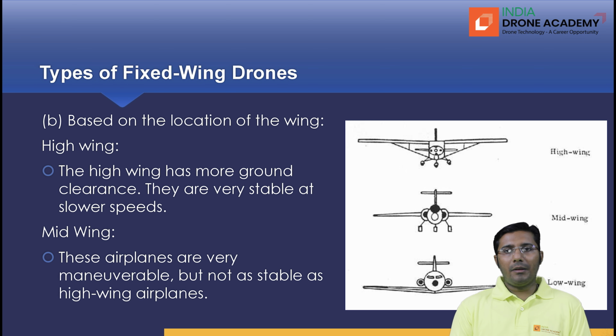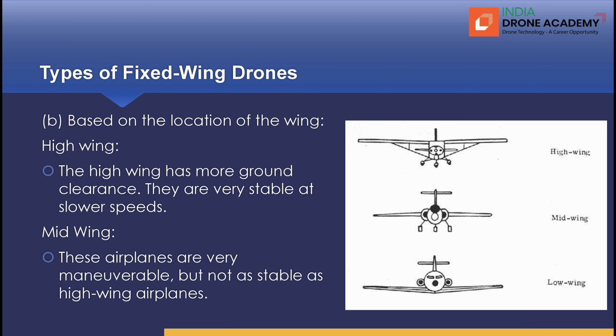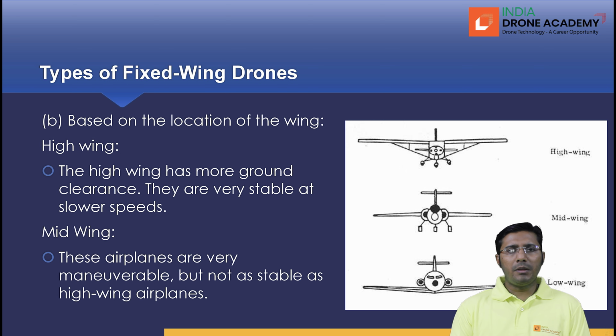of the fuselage and mounted over the fuselage. In the mid wing, we can see the wing is mounted exactly at the midline of the fuselage, and in the low wing, the wings are mounted below the midline of the fuselage. Now, similar to the previous configurations, the present configuration also has some advantages and disadvantages.